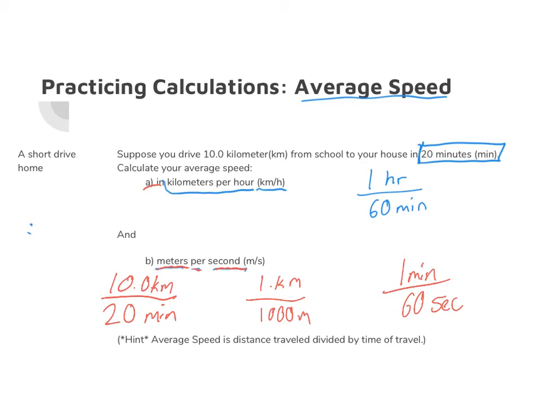So when we use this conversion factor here to get kilometers into meters, we're going to want to be able to cancel that. We're going to want to put it actually like this and put 1,000 meters over 1 kilometer, and what that will do is it will cancel the units from the numerator. So that's a little hint.